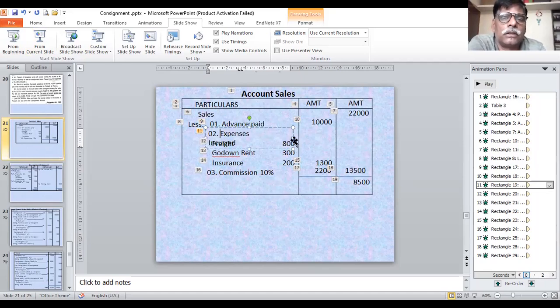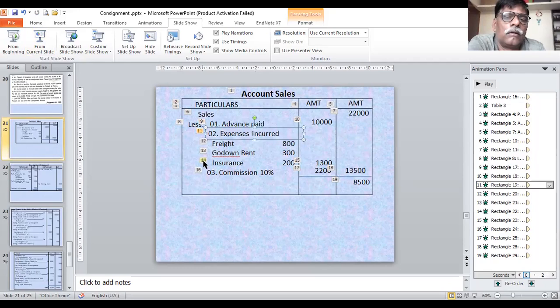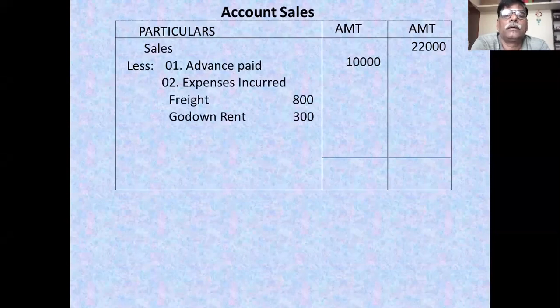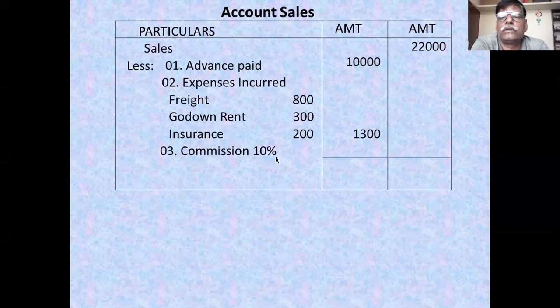And third is commission. Like this, you take three items. Advance paid, first item. Second item, expenses incurred. Third item, commission: 10% commission on sale. Sale is 22,000.